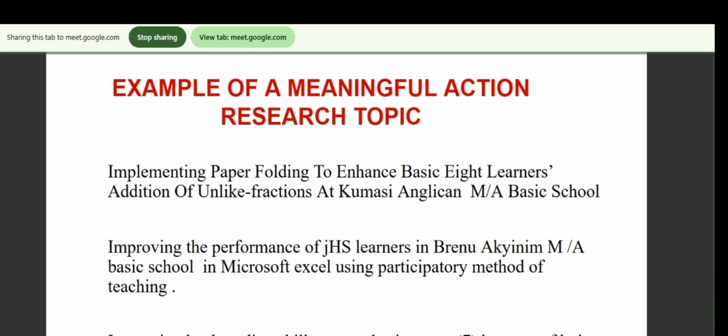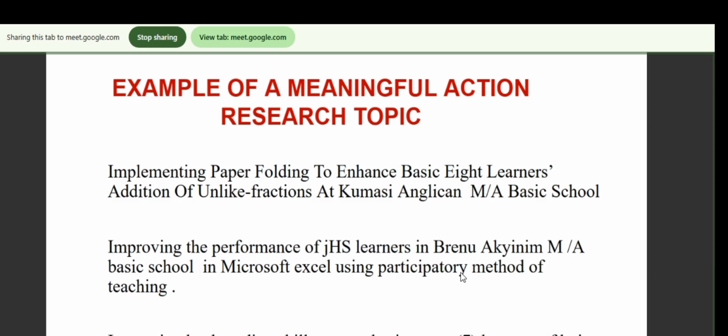Then you also look at the participants involved. Here we are looking at the JHS learners. So this research focuses on JHS 1 to JHS 3, so all of the JHS students are involved. Then we talk of the method that I'm using here. I said I'm using the participatory method.